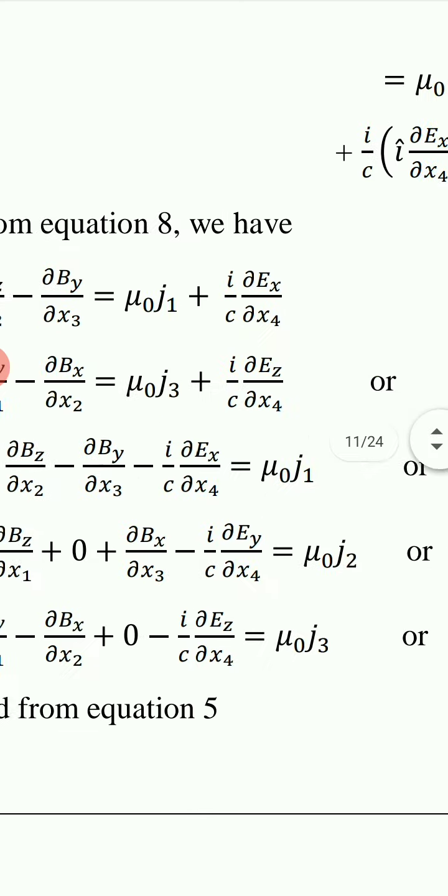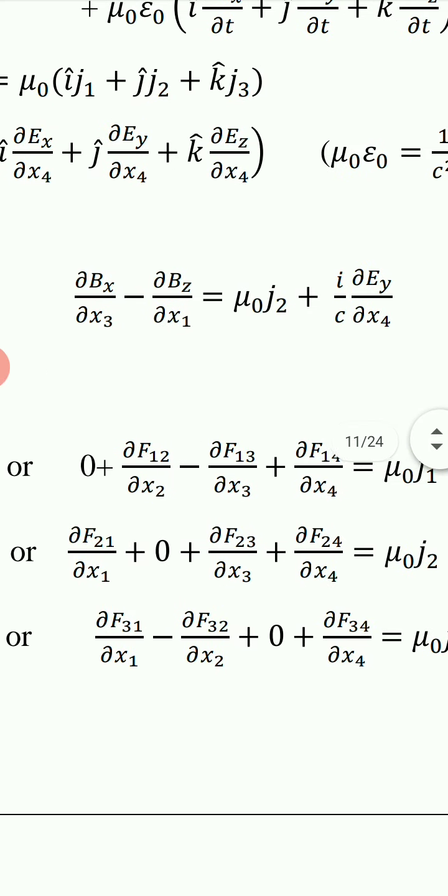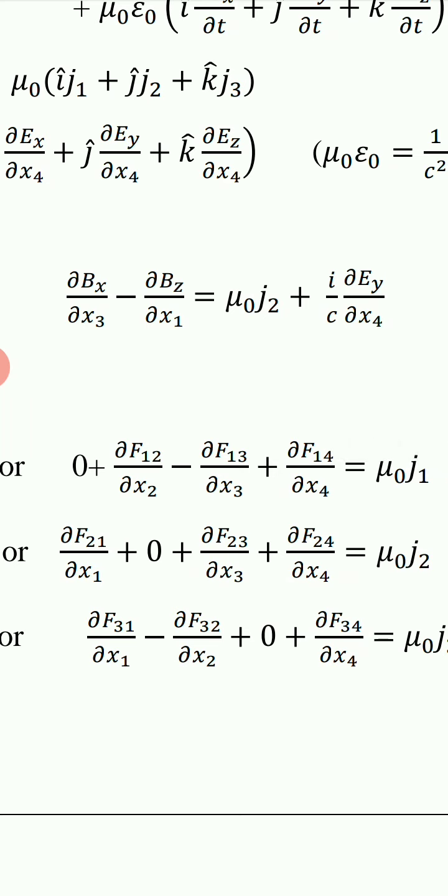These three equations can be written in terms of F mu nu, the electromagnetic field tensor, as these three equations: 0 plus delta F12 upon delta x2 minus delta F13 upon delta x3 plus delta F14 upon delta x4 equal to mu 0 j1.